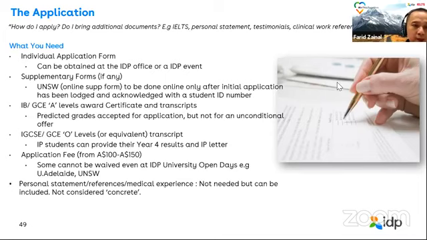We do understand that we have a small category of students attempting the integrated programs. You can use your internal Year 4 results and the IP certificate certifying that you are embarking on the IP program.